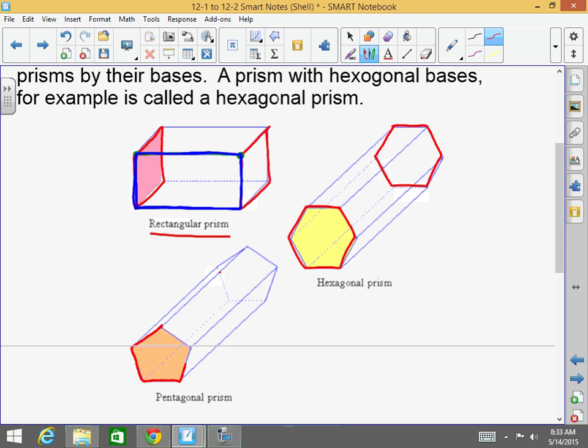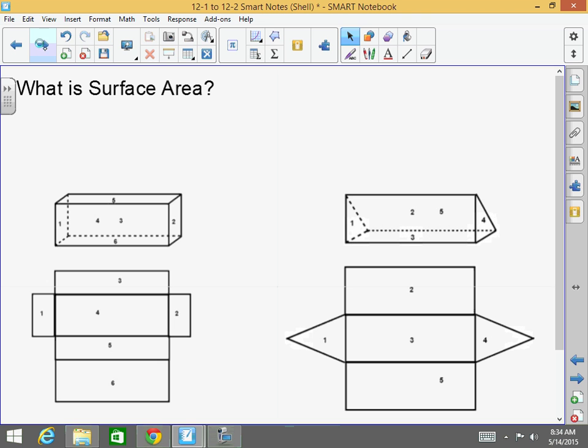Why? Because it has two bases that are pentagons that are parallel to each other and congruent to each other. Does this make sense? But for real, guys, does this make sense? Gotta know how to recognize parallel bases that create these prisms. Make sense?